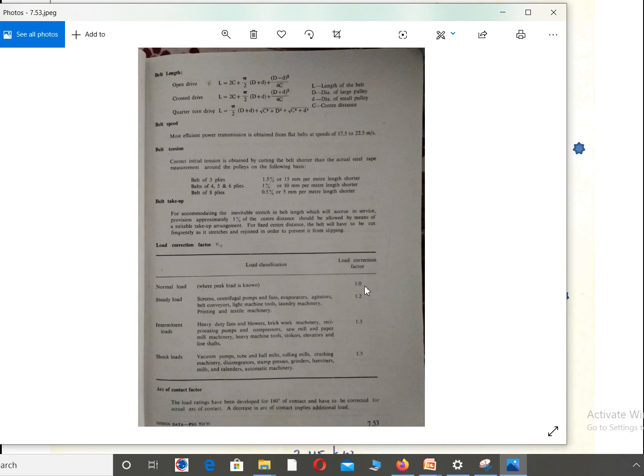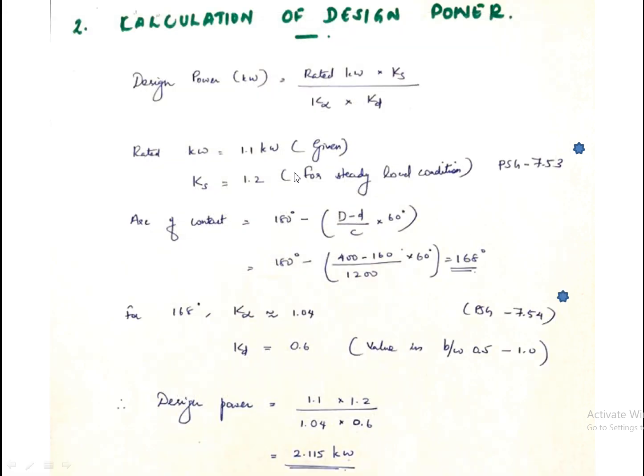There are different load correction factors starting from 1 to 1.5. It depends upon the different loading conditions. As nothing is given in your question, you may take a steady load condition and the value of Ks is 1.2. So I have taken steady loading condition and Ks value as 1.2, and write that condition, whatever it is.